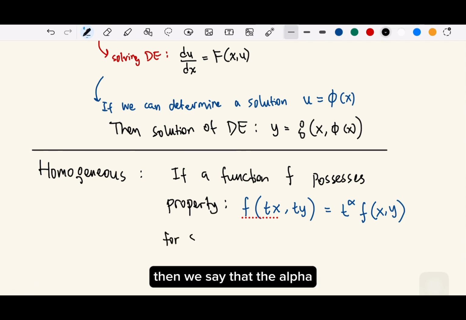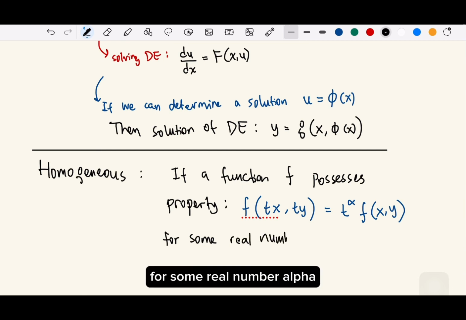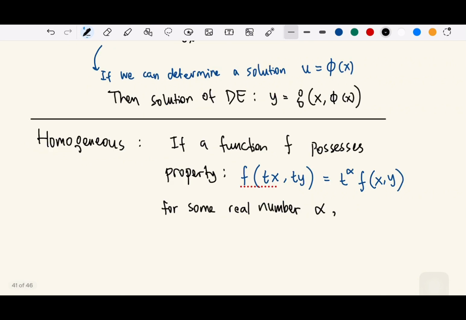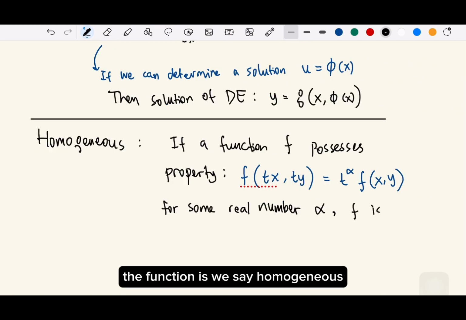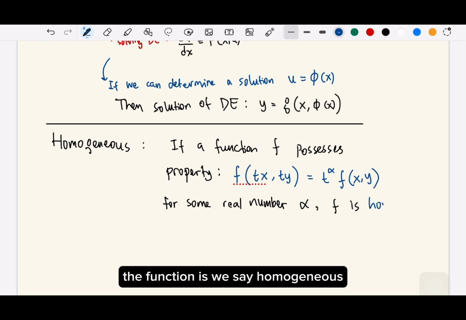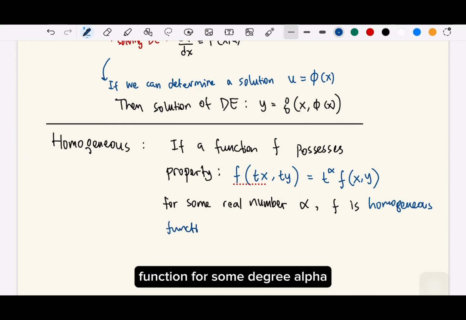Then we say that for some real number alpha, the function is homogeneous of degree alpha.